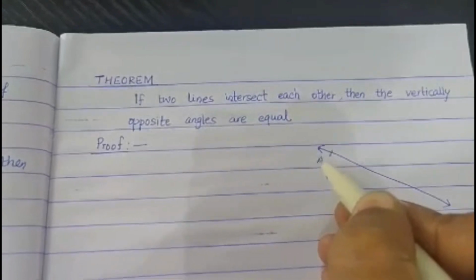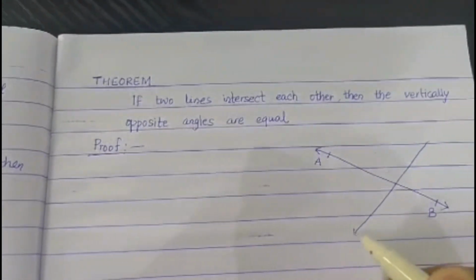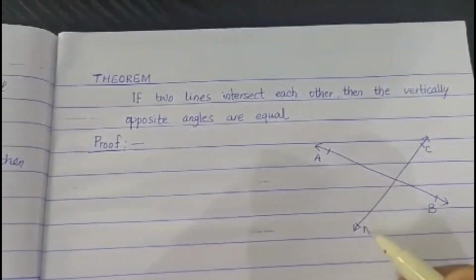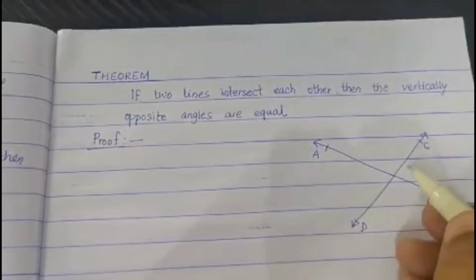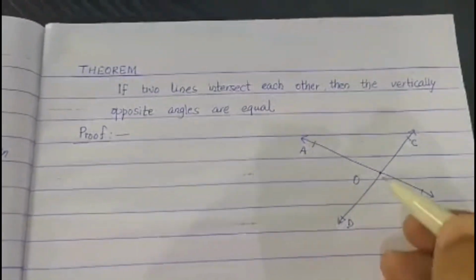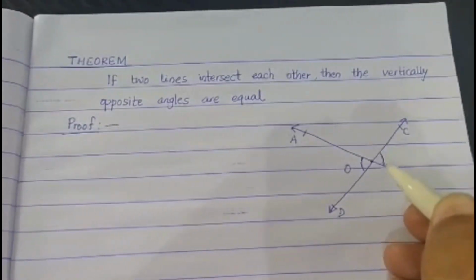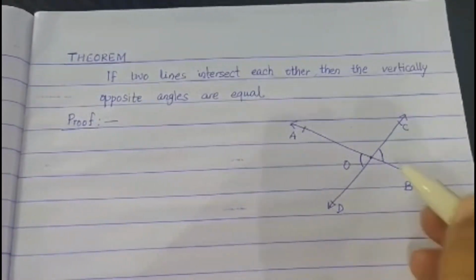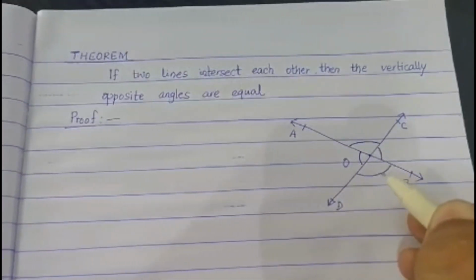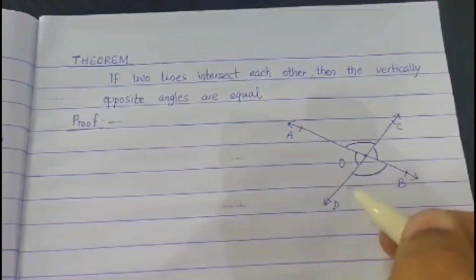Let us suppose this is A, this is B, and we have one more line. This is C, this is D, intersecting at O. So they are forming two pairs of angles. One is AOD and BOC, and the other is AOC and BOD.